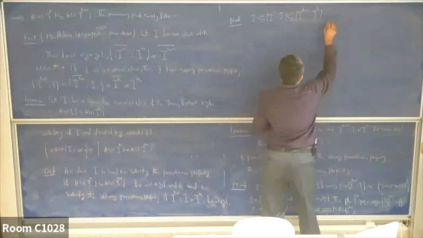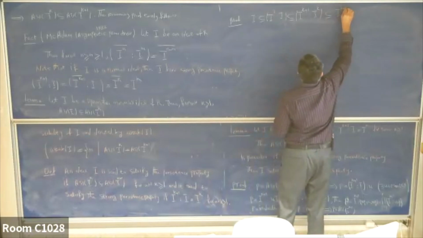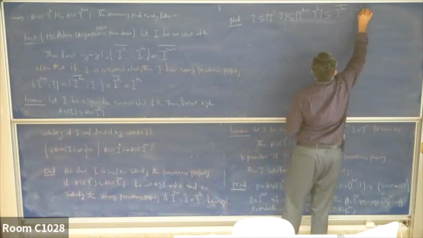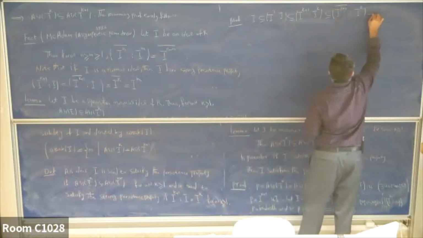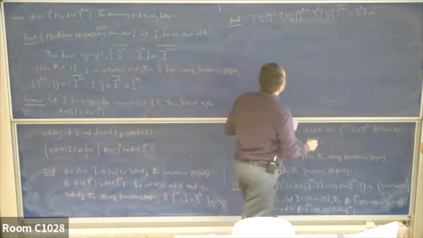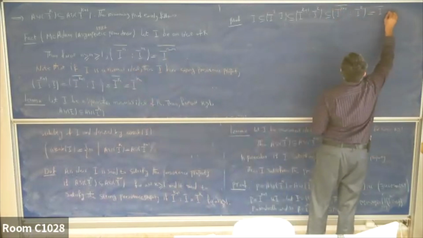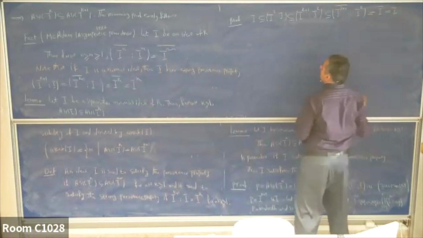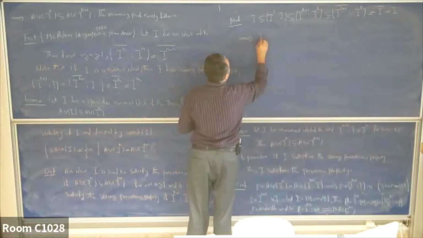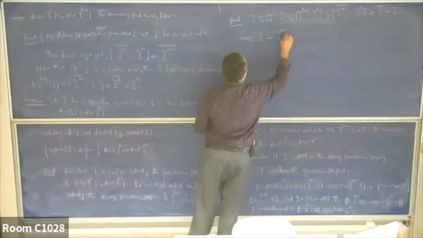And so A^(k+1) integral colon A^k, by this fact, we have this one is equal to A integral, and this one is equal to A. So we have A is equal to A^(k+1) colon A^k.